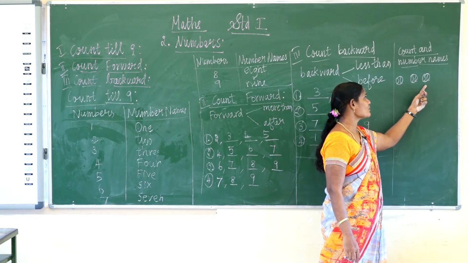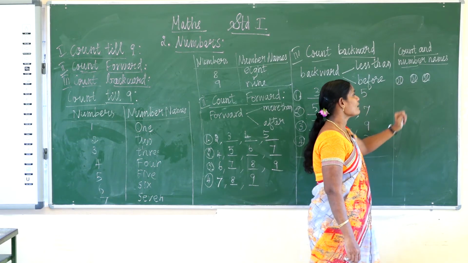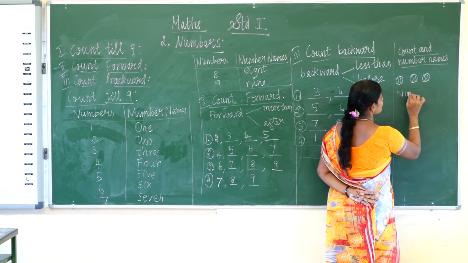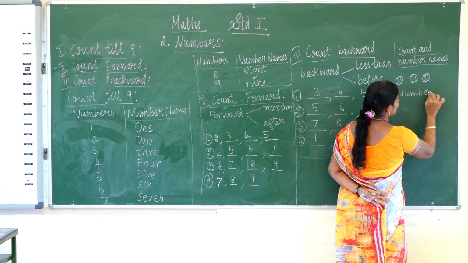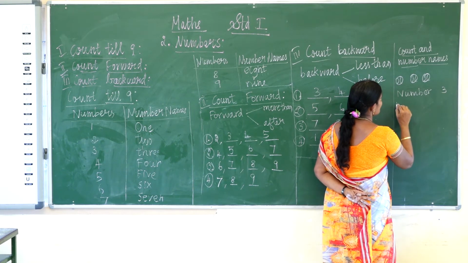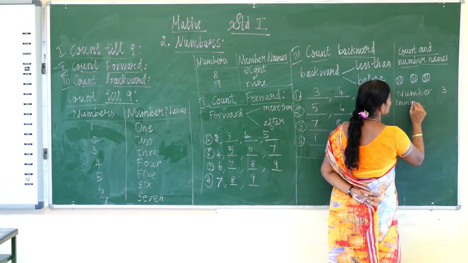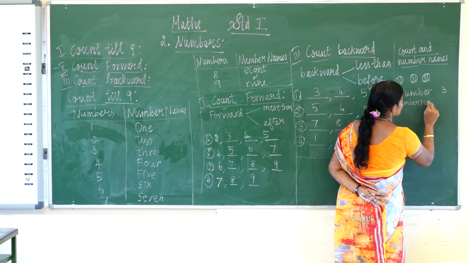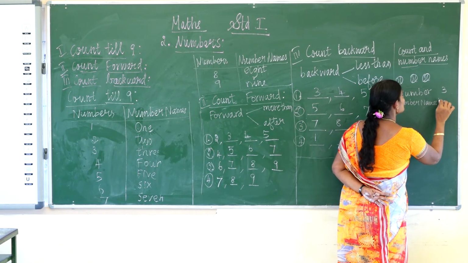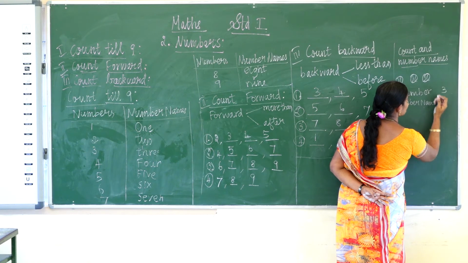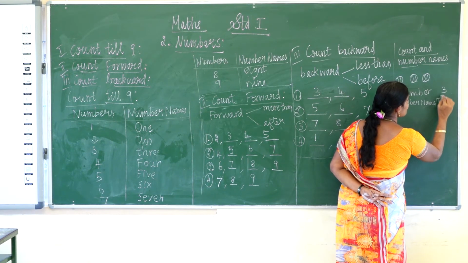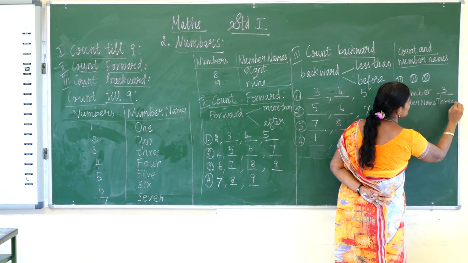So you see the balls, how many balls are there? 1, 2, 3. So what's the number here? Number is 3. So for the number name, what's the spelling for 3? Number name T H R E E.